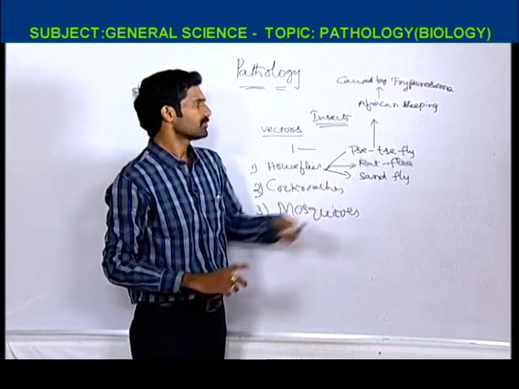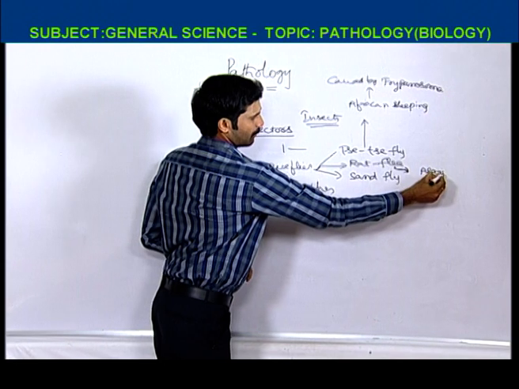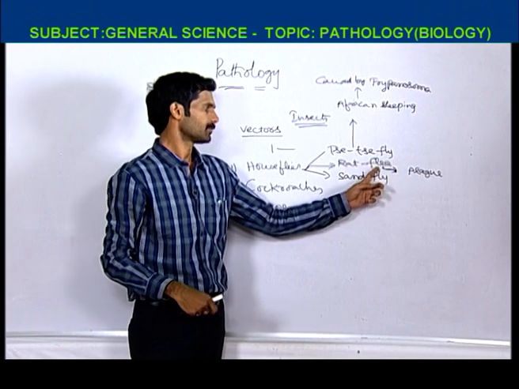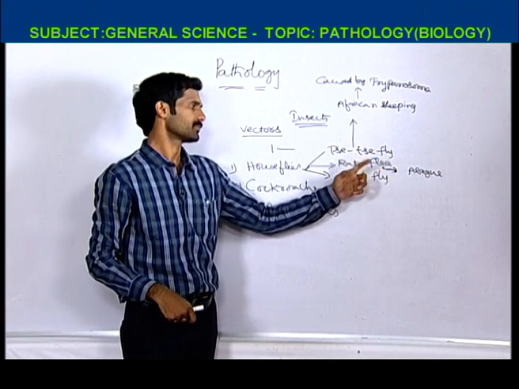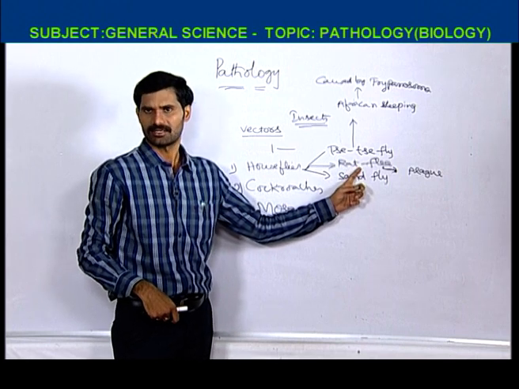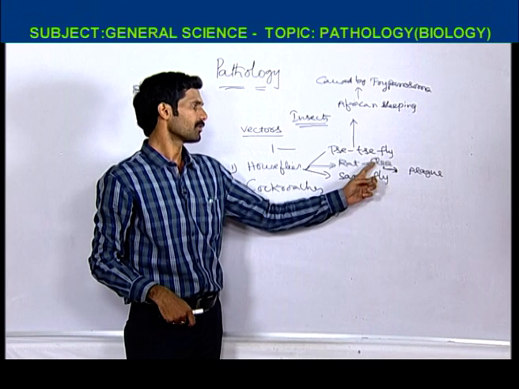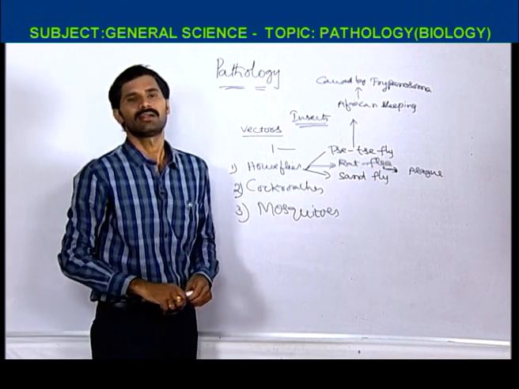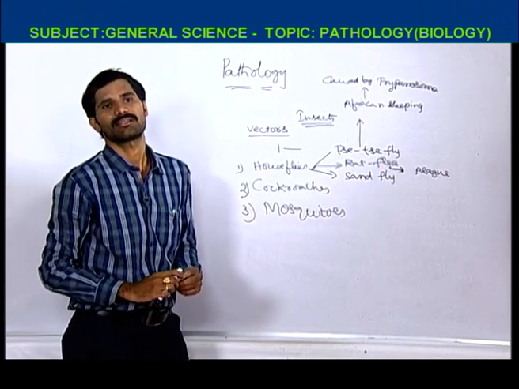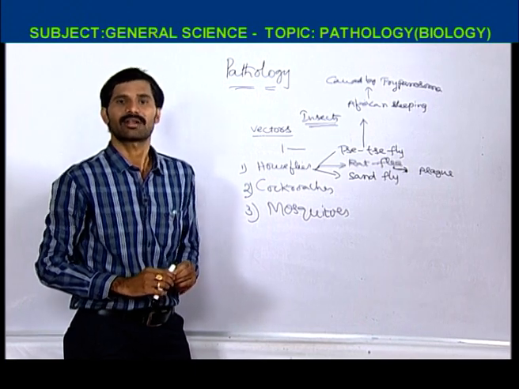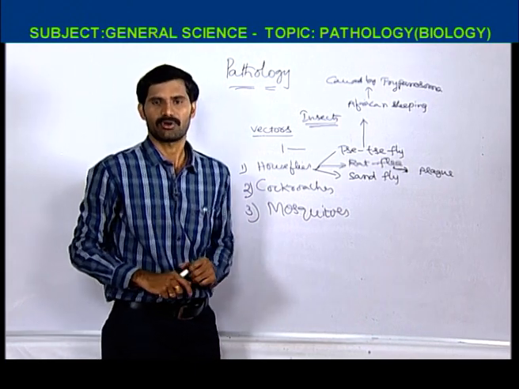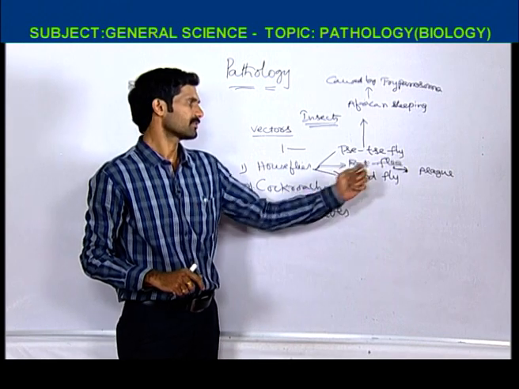Next, plague. Plague is spread by the rat flea. The scientific name of the rat flea is Xenopsylla cheopis. It is an ectoparasite on rats.